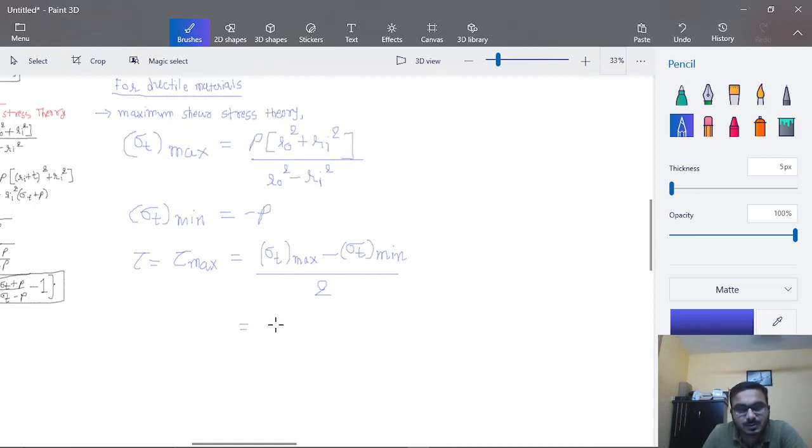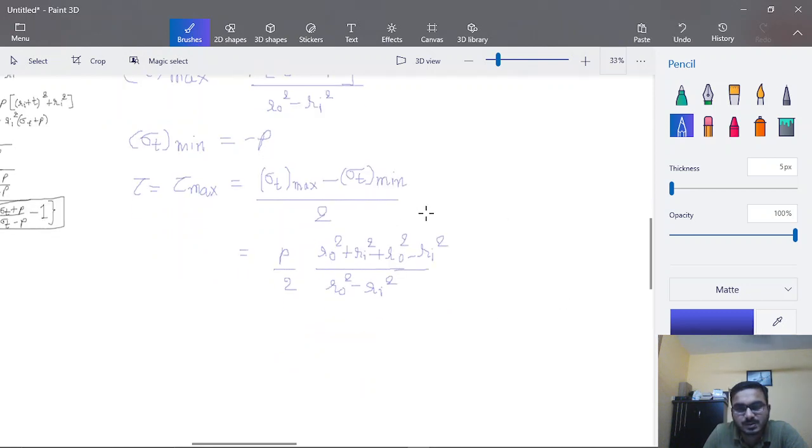So here what we will achieve out of this, P divided by 2, R O square minus R I square into R O square plus R I square, plus R O square minus R I square.